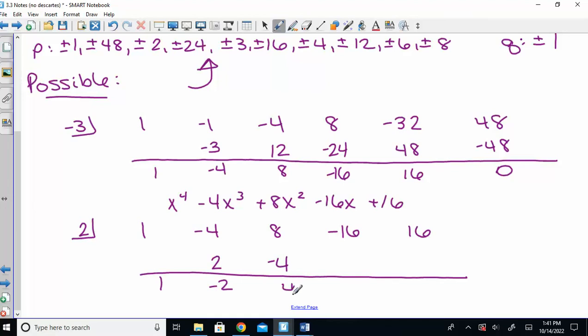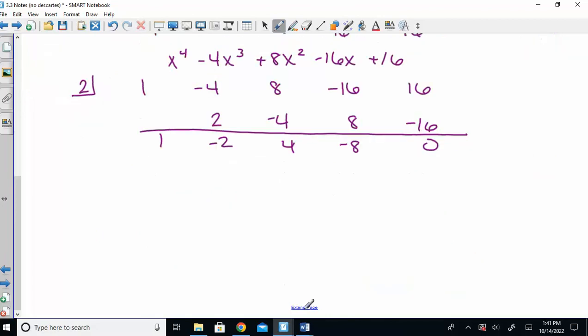Oh, we have to do this 3 times, don't we? Yep, it hit the x-axis at 2.